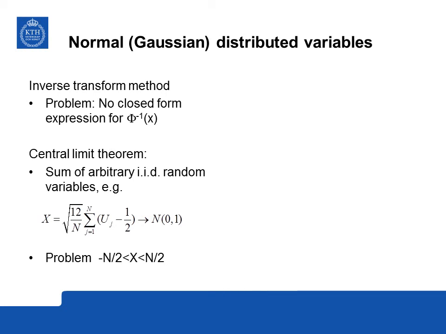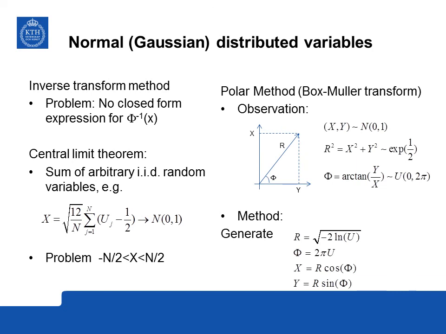The most popular method that gets around these problems is what they call the polar or the Box-Muller transform method.